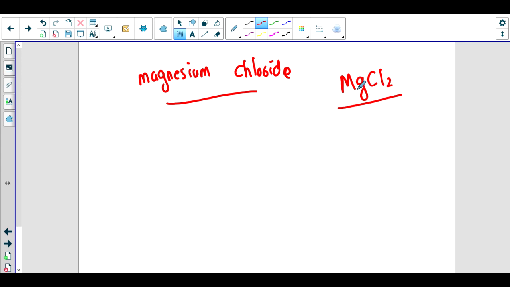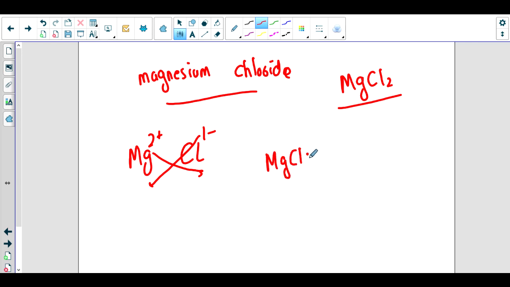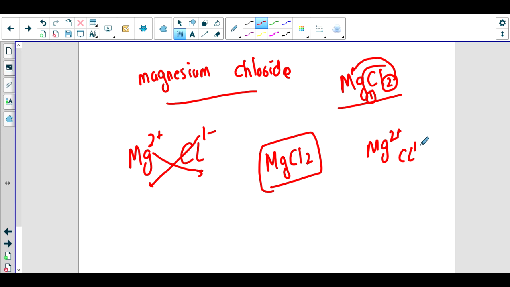You want to look at the group number of magnesium, it is 2. So magnesium is going to lose 2 electrons. And chlorine is in group 17, so it needs 1 more. So by swapping, it is MgCl2. But by chance in exam, if you forget this, you can take reverse engineering. This 2 surely will be for magnesium, and this 1 surely will be for chlorine. So you can write it Mg 2 plus and Cl 1 negative.